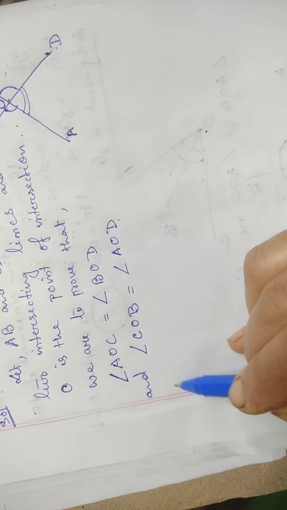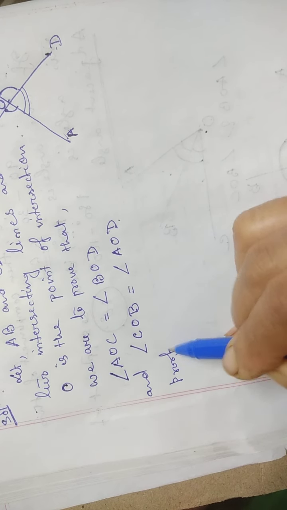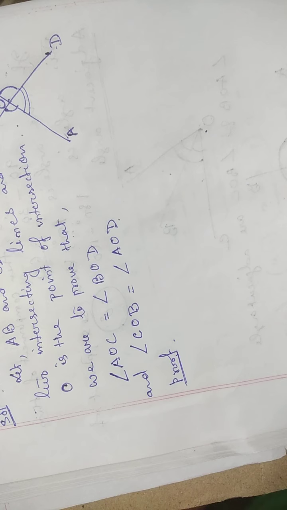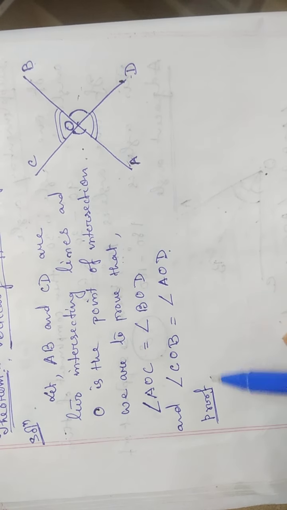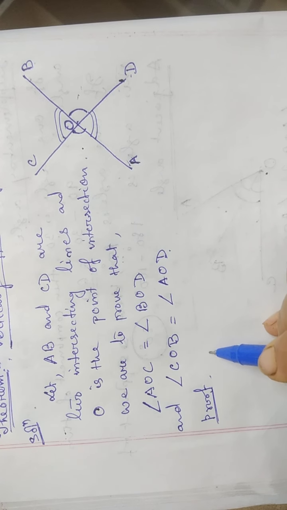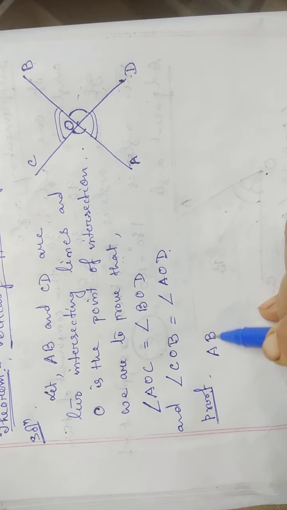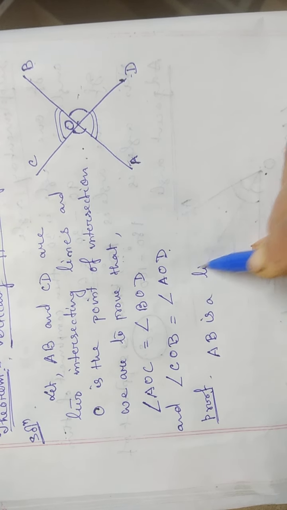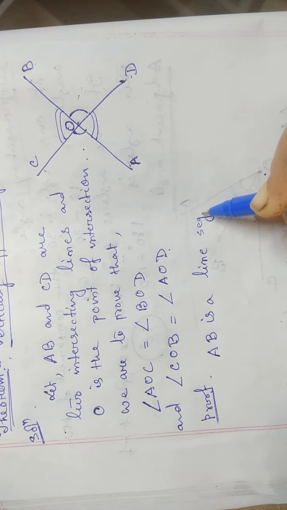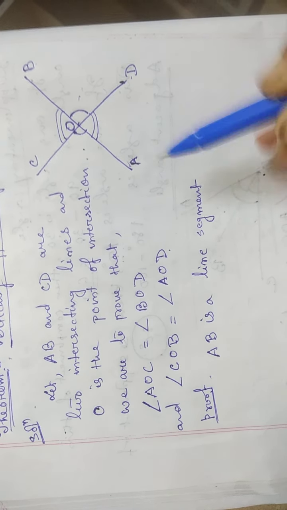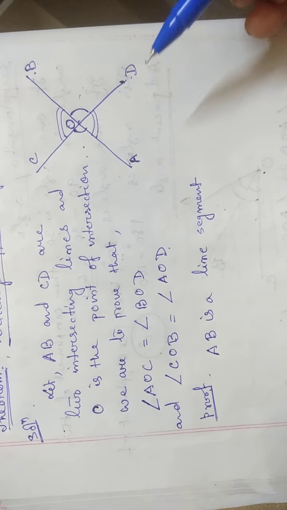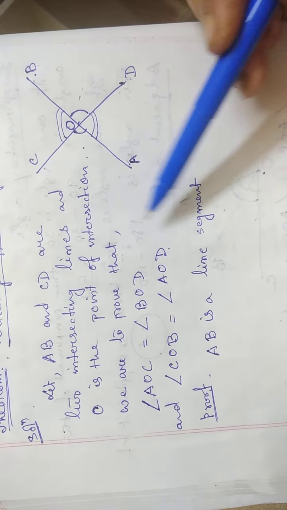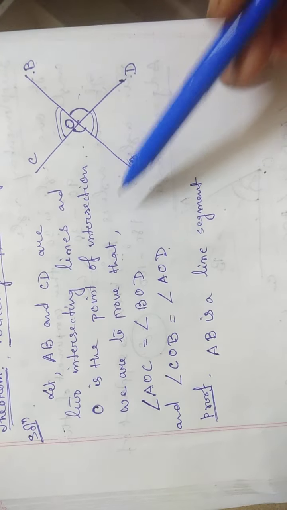Next is proof part. How can you prove it? AB is a line segment. And always remember, don't do this by heart.